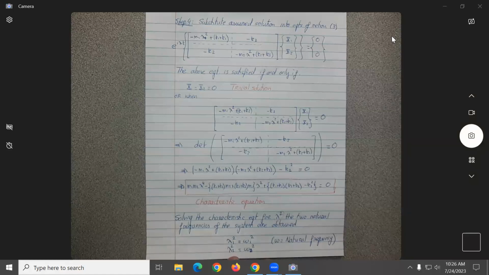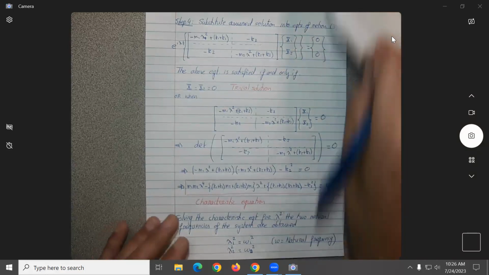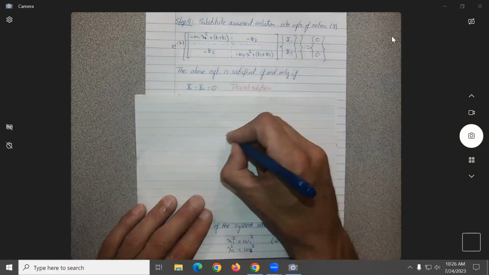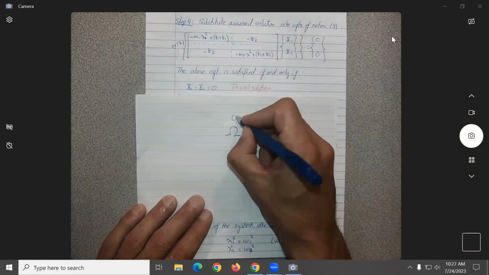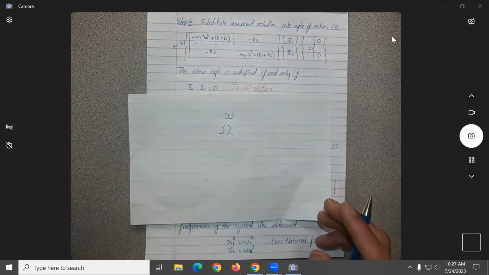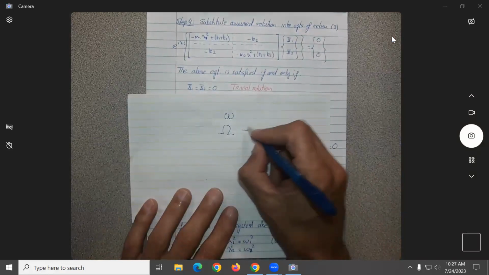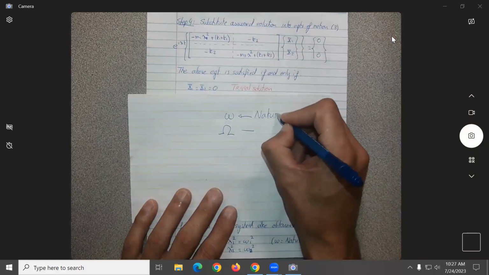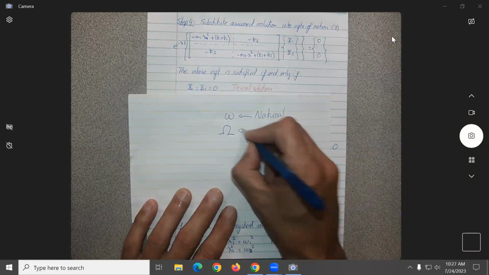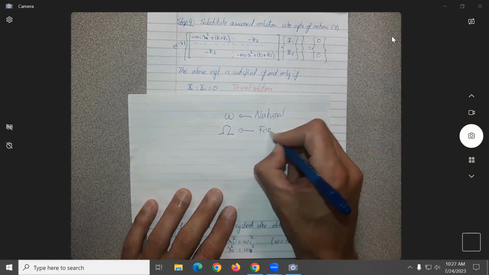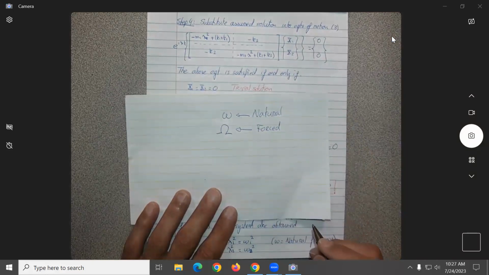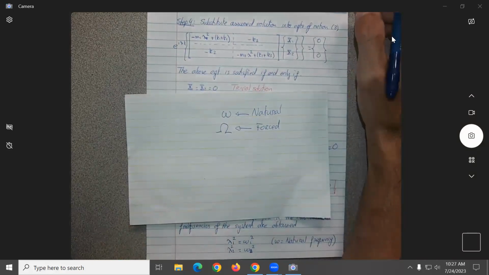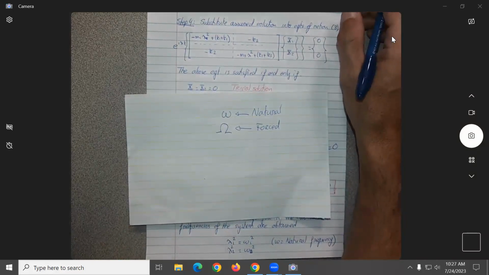Which omega? The capital omega, no? I don't know exactly what the reason is, because this is capital omega, this is omega. On the notes, what I'm using is this lowercase omega as the natural frequency, and the capital omega as the force frequency. But different books might do something different, okay?